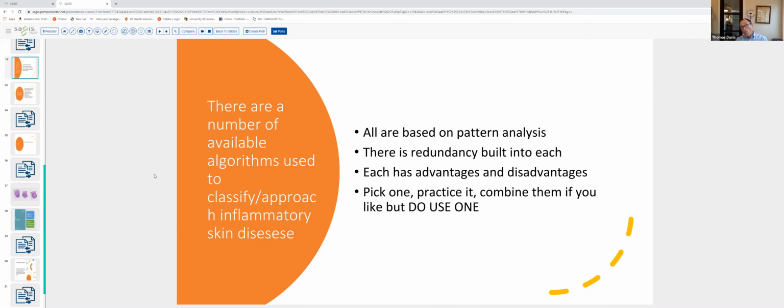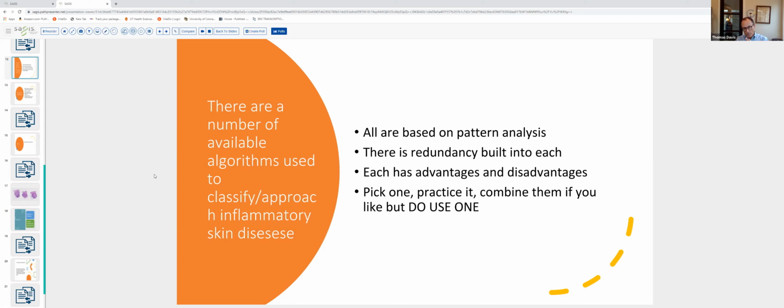And the same principle holds really for neoplastic skin diseases, because if you don't, especially after the first 18 months, start using a systematic approach to inflammatory skin disease, then what your brain is going to do is anytime you see a new slide or a new digital image, you're going to catalog it against every slide you've seen before. And it's a very slow, inefficient way to approach skin disease.